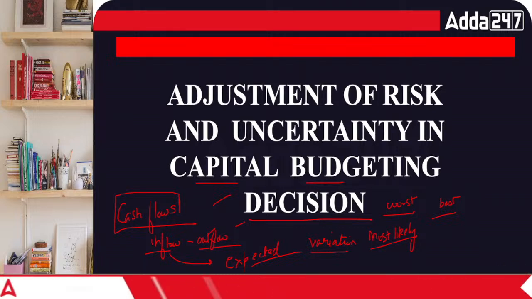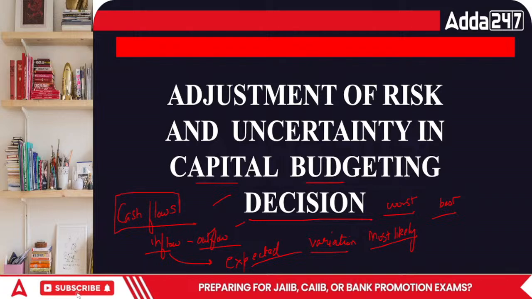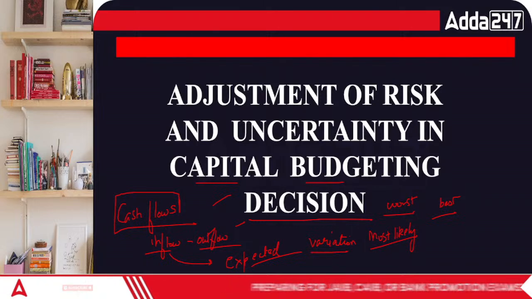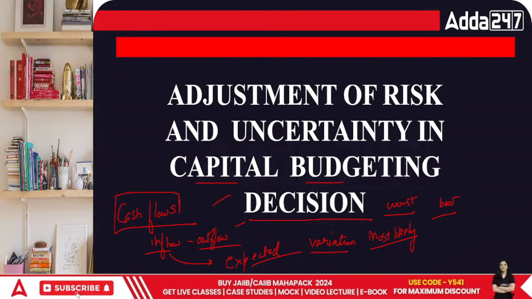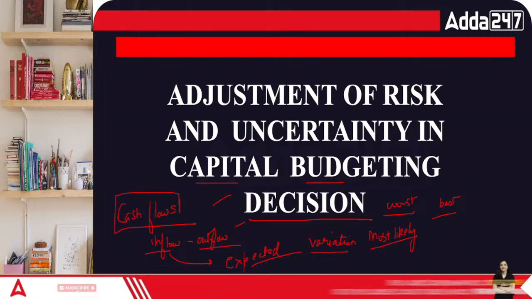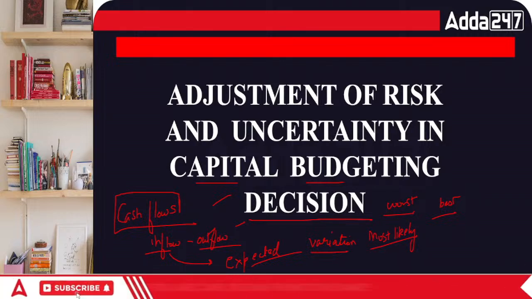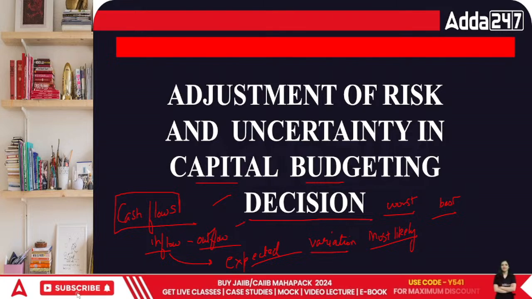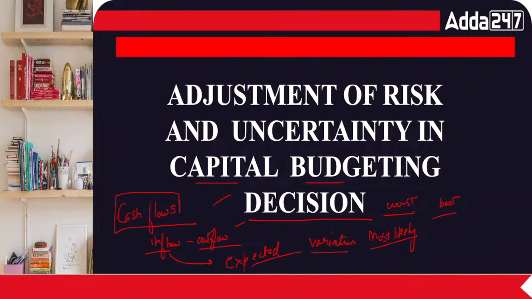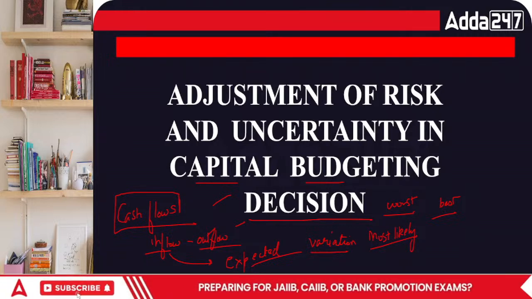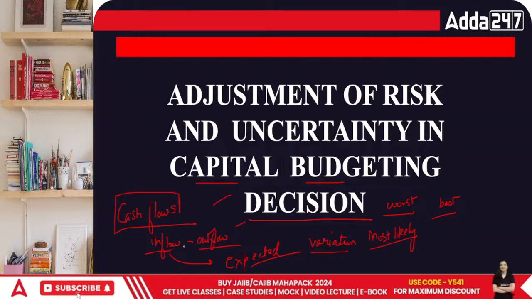Now everybody, we were talking about the portion of adjustment of risk and uncertainty. We were deciding about a capital investment decision. While looking forward towards a decision, we need to know about the inflow and outflow.